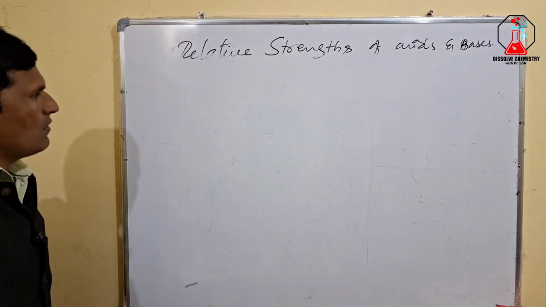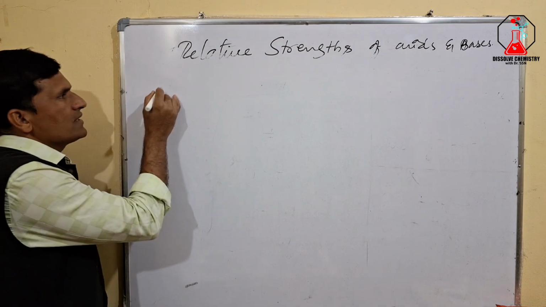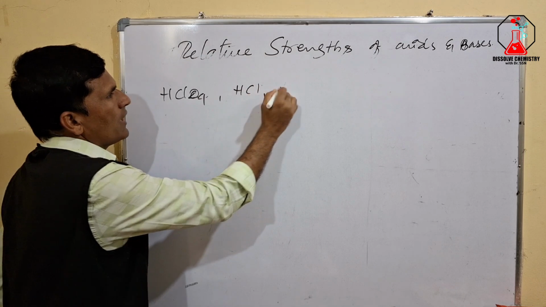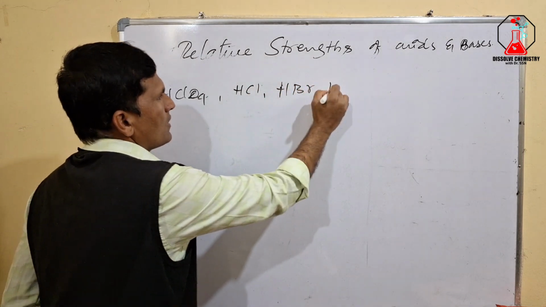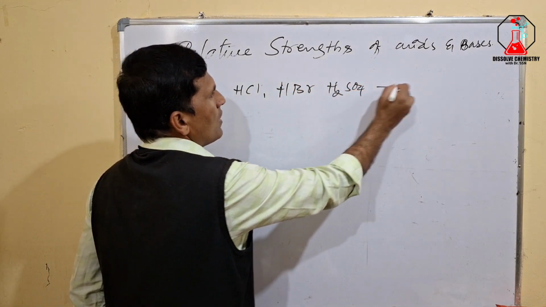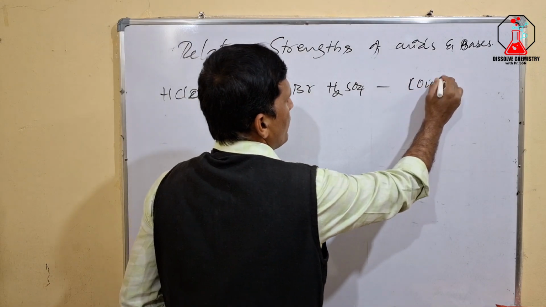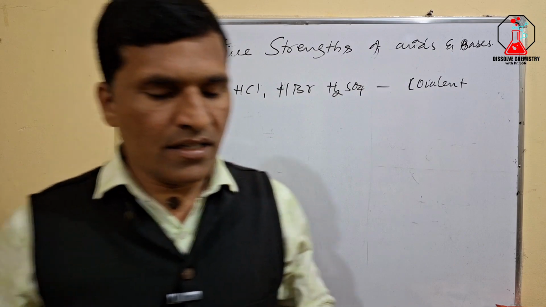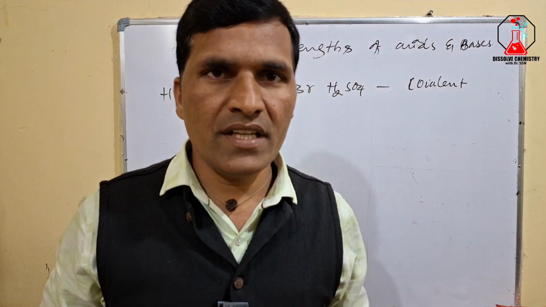When you have gone through all these acids like HClO4, HCl, HBr, H2SO4, these are all covalent compounds, and they ionize to different extents in different solvents, as we have seen.